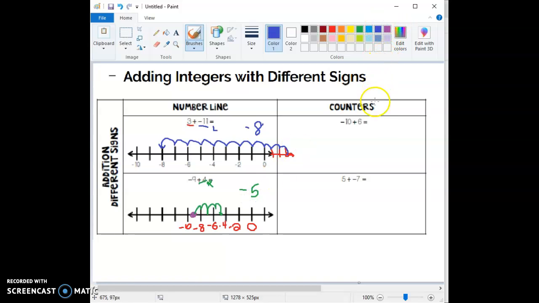Okay? Counters, I would try the counters by myself since we've already done them once. If you're not sure, you're more than welcome to just watch with me. It's negative, so I'm going to put my 10 blue, 10 negatives. And then I see that the 6 happens to be positive, so then I will have to put 6 positives, 6 red.